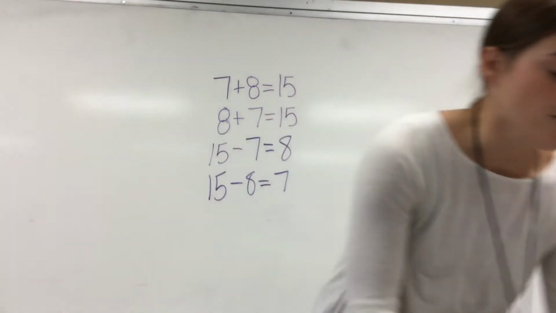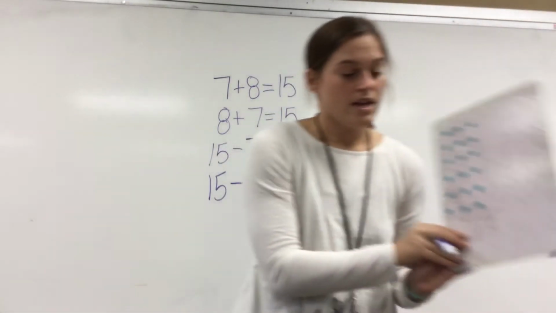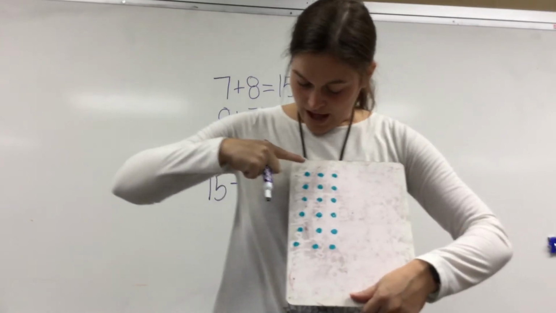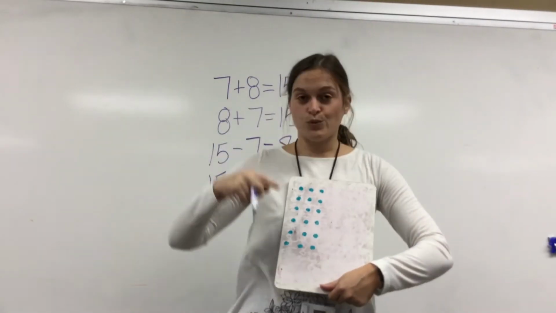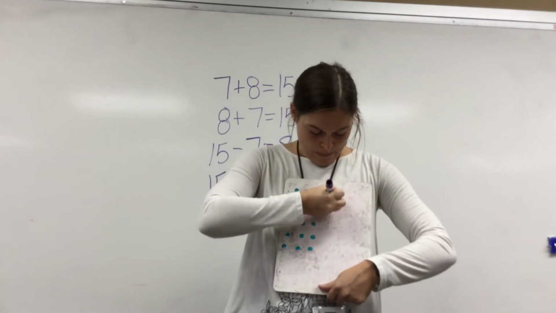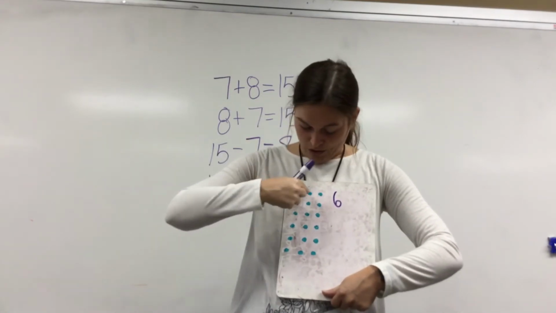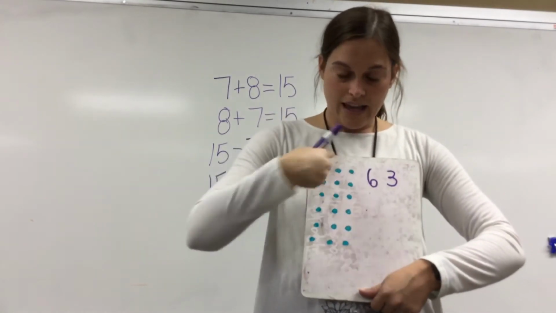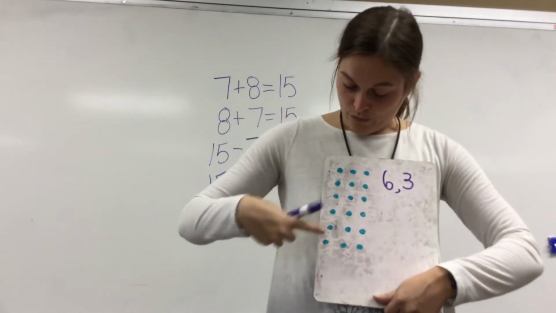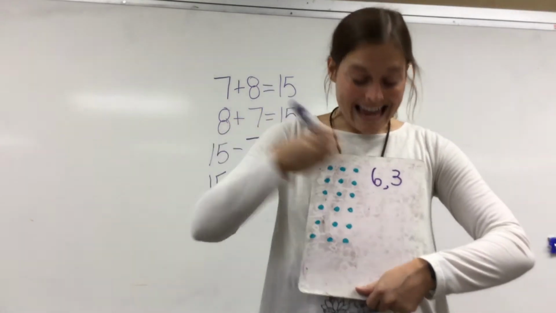Let me show you another one. In this one, I have 1, 2, 3, 4, 5, 6 rows this time. And in each row, 1, 2, 3, there are 3. All together, I have 18.